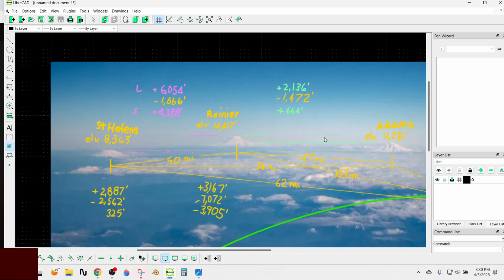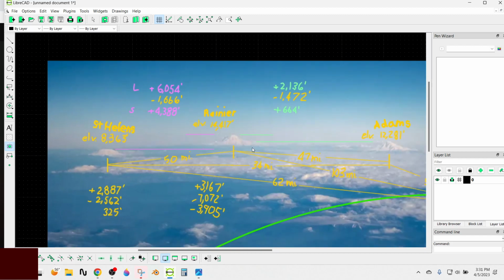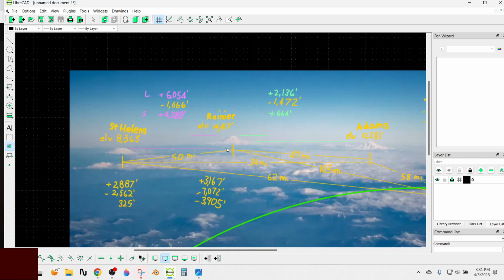On the same token, over here on the Adams and Rainier side, you take in the distance of 47 miles and you have 1,472 feet of curvature drop, which leaves the difference of Mount Rainier and Mount Adams at this distance to be only 664 feet. By scale, everything is correct.